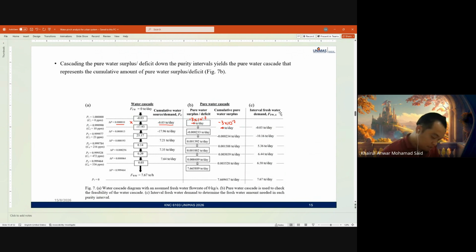So how much water demand is required? Let's say this one: negative 3 times 10 to the power of negative 7, which is the cumulative pure water surplus or deficit from this column, divided by PFW, which in this case is 1 minus PK.